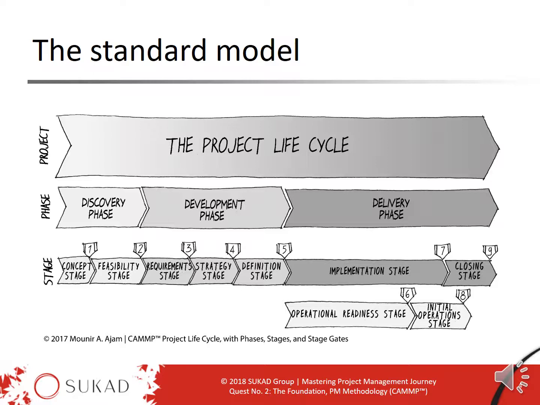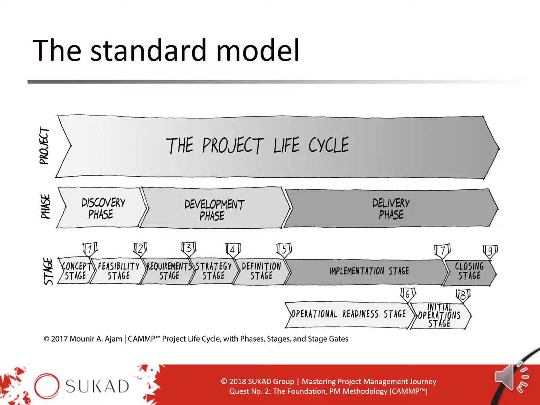It will produce an output, and that output we call a stage deliverable. So every stage has a specific purpose. It's not linked to time. It could be 1 day or it could be 1 year or more, depending on the nature of the project you work on. So the stages are not defined by how long they take or how many people they have working on them. It's by the purpose that they have to produce.